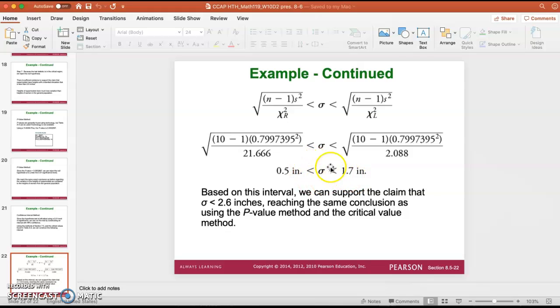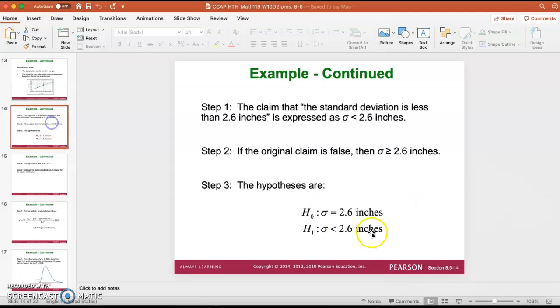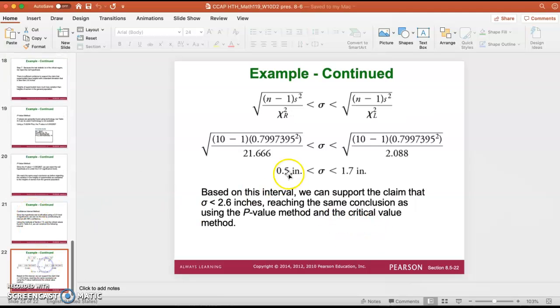Based on this interval, we could still support the claim that their standard deviation is less than 2.6 inches. We would have reached the same conclusion, since the claimed value of 2.6 inches does not fit within that confidence interval. So again, if the claimed value doesn't fit in your confidence interval, reject the null hypothesis. Right? And that's chapter 8.